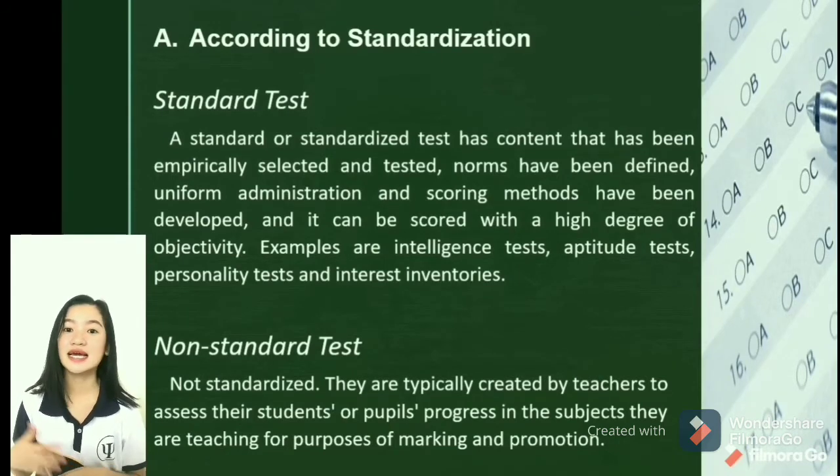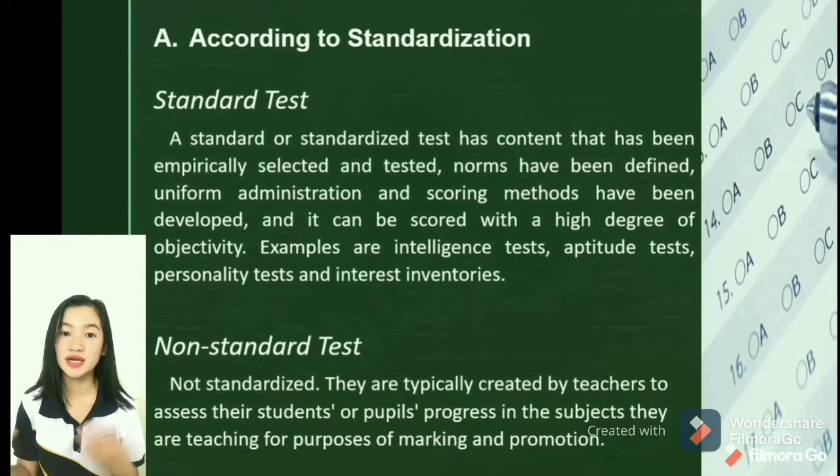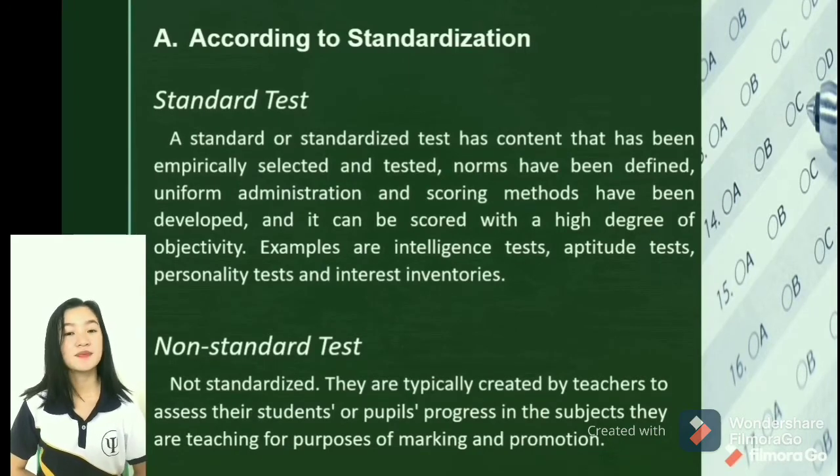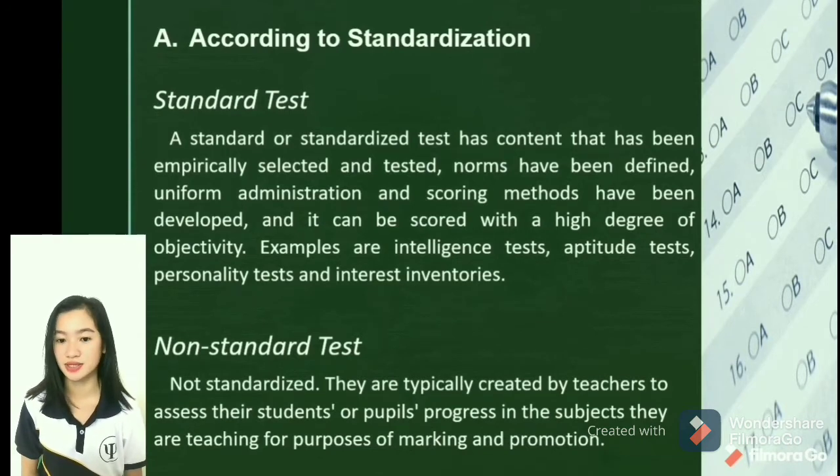Therefore, this kind of test has stability because it can be used for a very long time with a huge number of individuals. Examples are intelligence tests, aptitude tests, personality tests, and interest inventories.